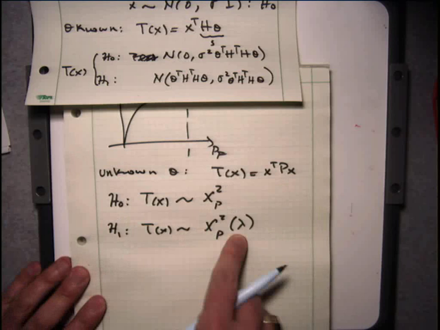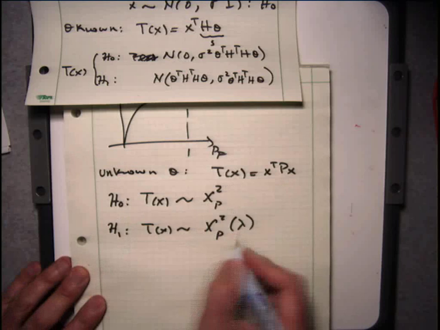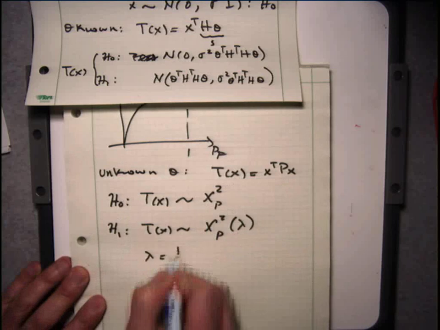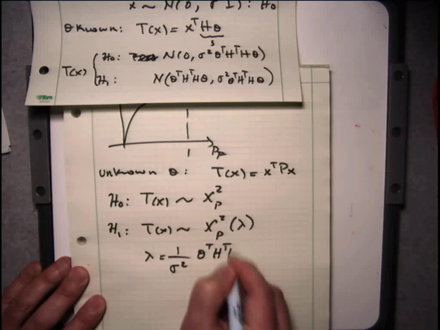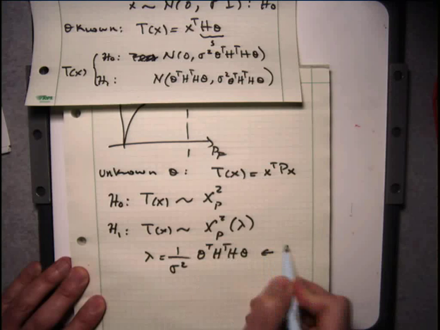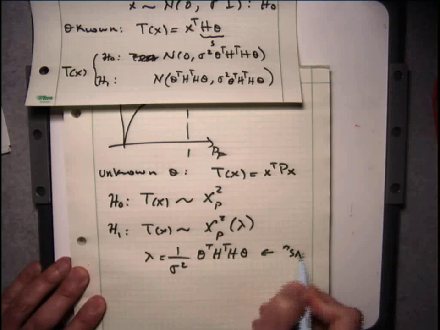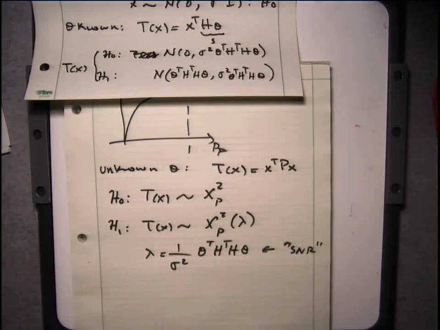It turns out that this non-centrality parameter is 1 over sigma squared theta transpose H theta, which is basically the signal to noise ratio. You can think of this as S transpose S divided by the variance of the noise.